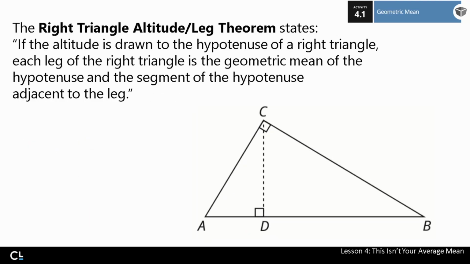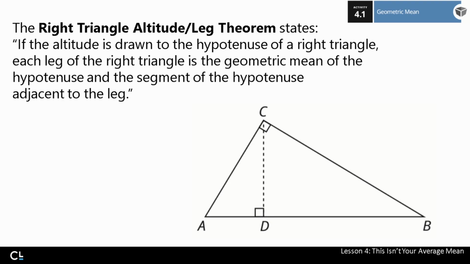All right, let's look at our next theorem. Right triangle altitude leg theorem, another mouthful, right? So it says if the altitude is drawn to the hypotenuse of the right triangle, each leg of the right triangle is the geometric mean of the hypotenuse and the segment of the hypotenuse adjacent to the leg.